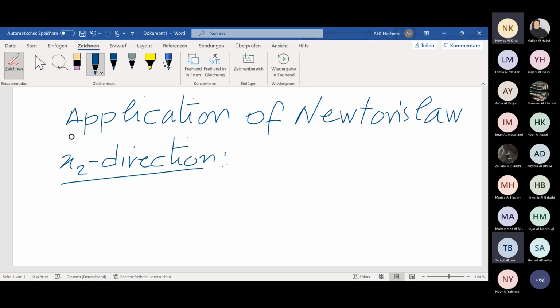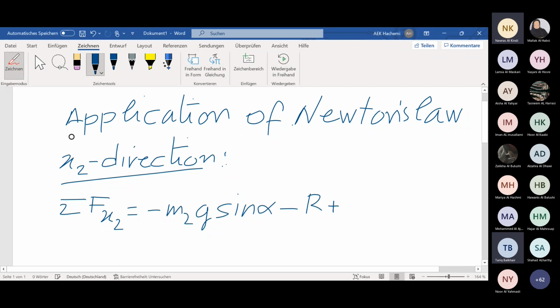When we look at the sum of the forces along x2, this is equal to minus m2 g sine alpha minus r plus 2s, equal to m2 x double dot 2.